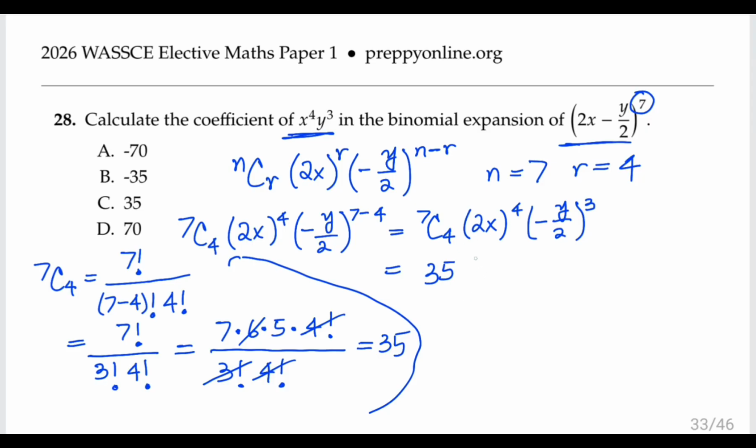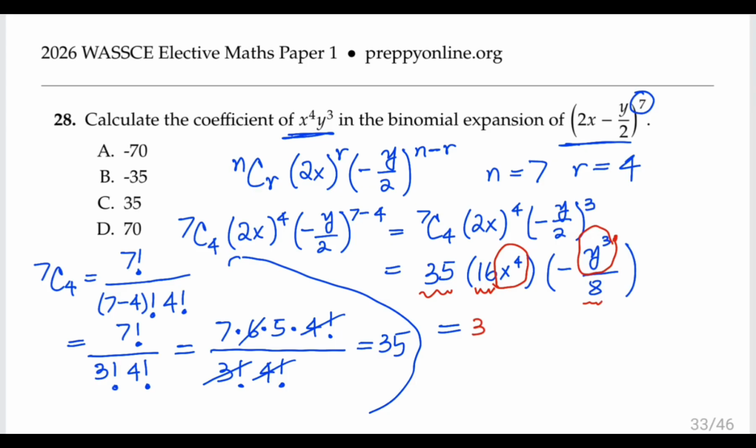Then 2x to the power 4 is 16x to the power 4. Then minus y over 2 cubed is going to be minus y cubed over 8. So we simplify this further. Mind you, the coefficient is what we are looking for. When we have y cubed and x to the 4th, all we care about is getting these coefficients right.